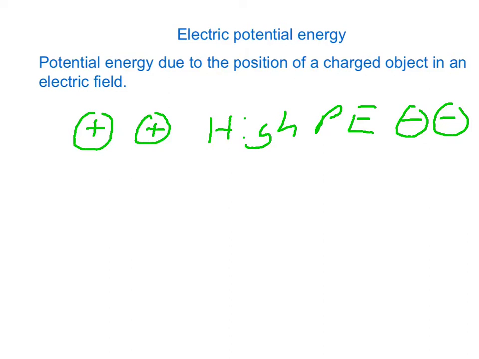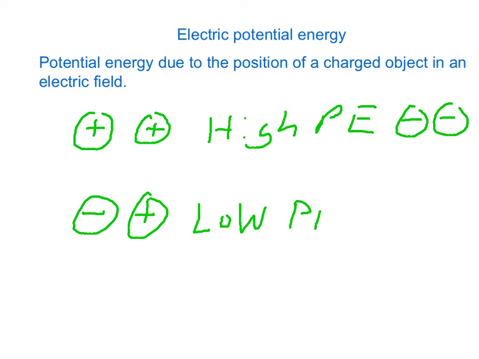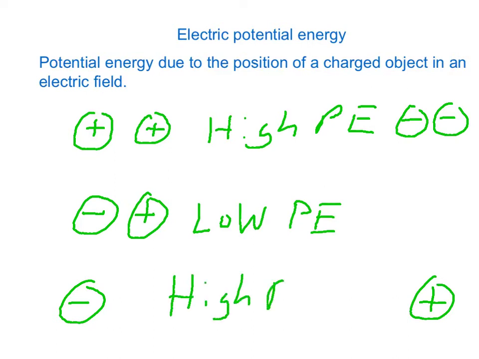Now, if you have a negative and a positive right next to each other, well, that would be low potential energy, because that's where they want to be. There's no real energy stored there. But if you have a negative and a positive really far away, then that will be high potential energy. You pulled them apart, and they want to fly back together, kind of like pulling a rubber band apart.